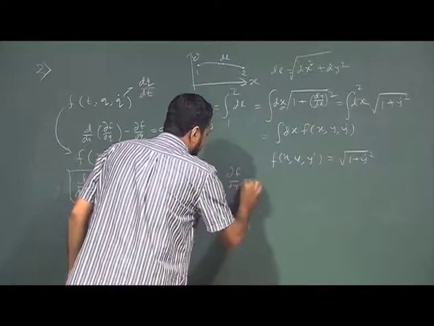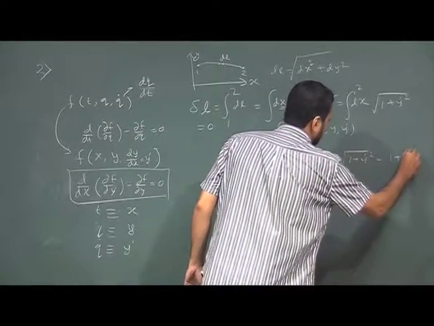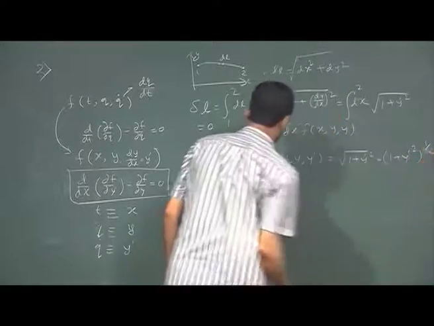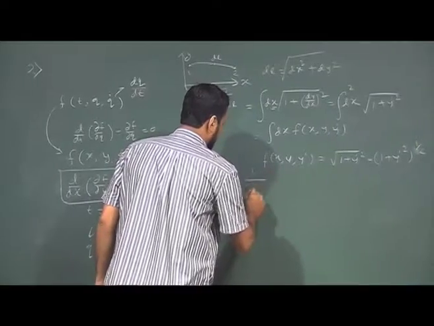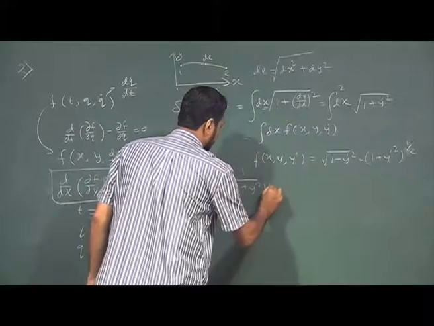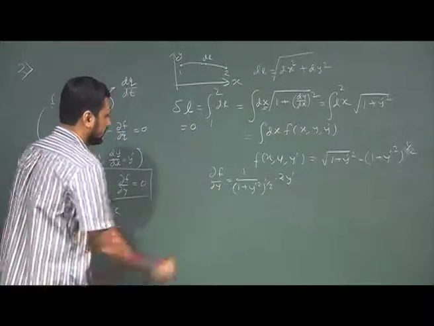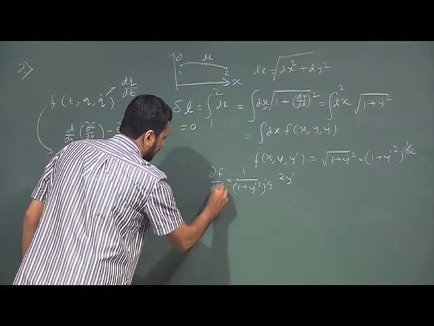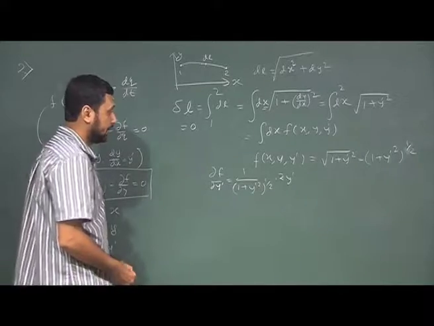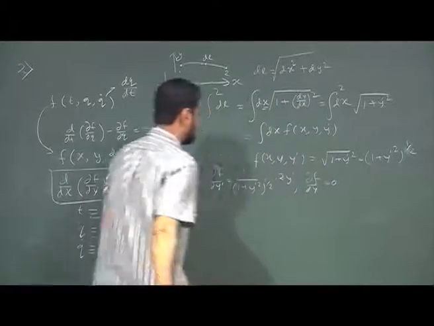Del f del y prime will be equal to, so it will be 1 plus y dash square to the power half, so it will be 1 by 1 plus y dash square to the power half times 2 y dashed, right. So, this is del f del y prime, y dashed, okay, and del f del y is equal to 0.